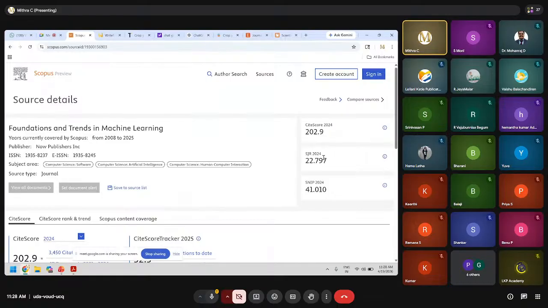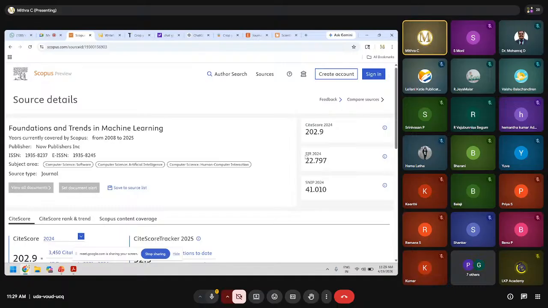Okay, so these are all the metrics. And next one, SJR. SJR is nothing but SCImago Journal Rank. I will give you an example of what the SCImago Journal Rank is. First of all, what it will consider: this SCImago Journal Rank is mainly focused on the number of citations received by the journal and the prestige maintained by the journal.